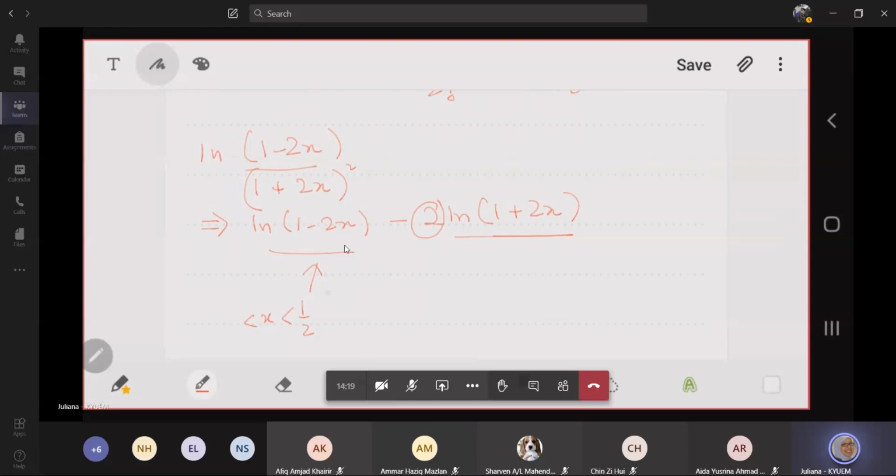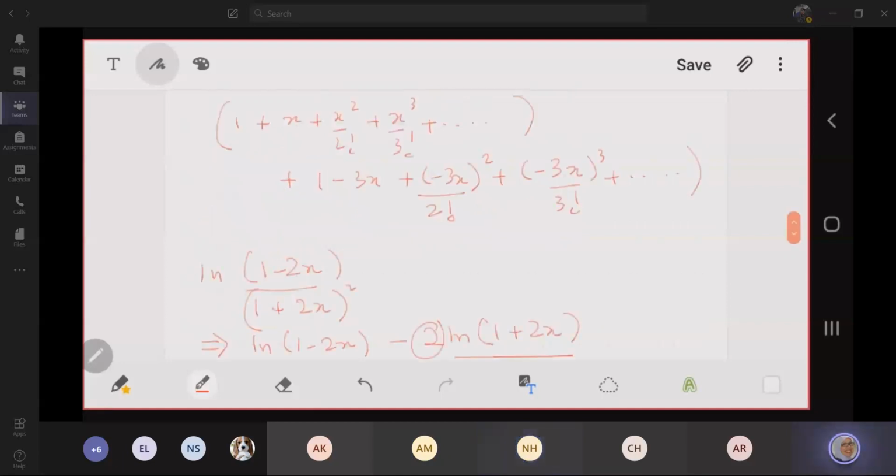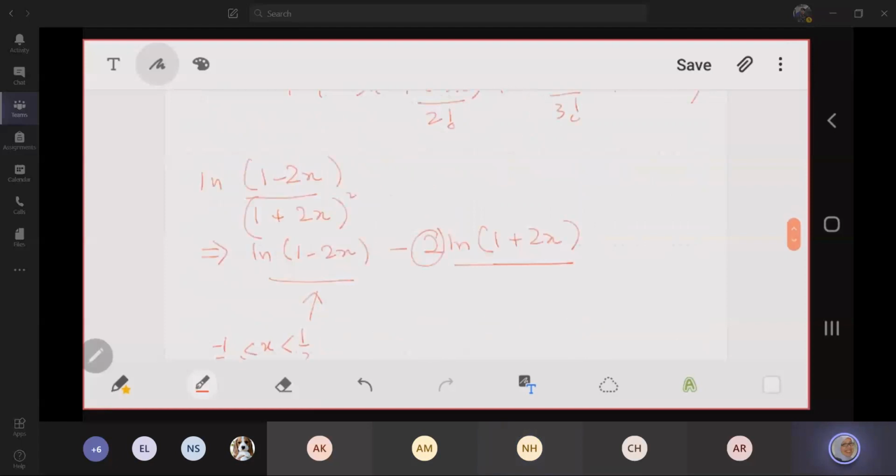If you have this one less than half and bigger than or equal to minus half, because you get the series expansion in increasing powers of 2x.